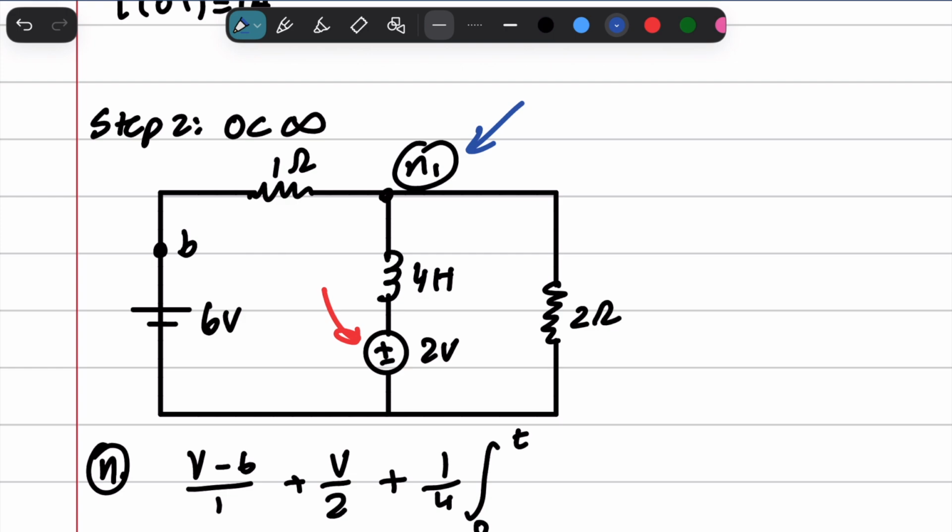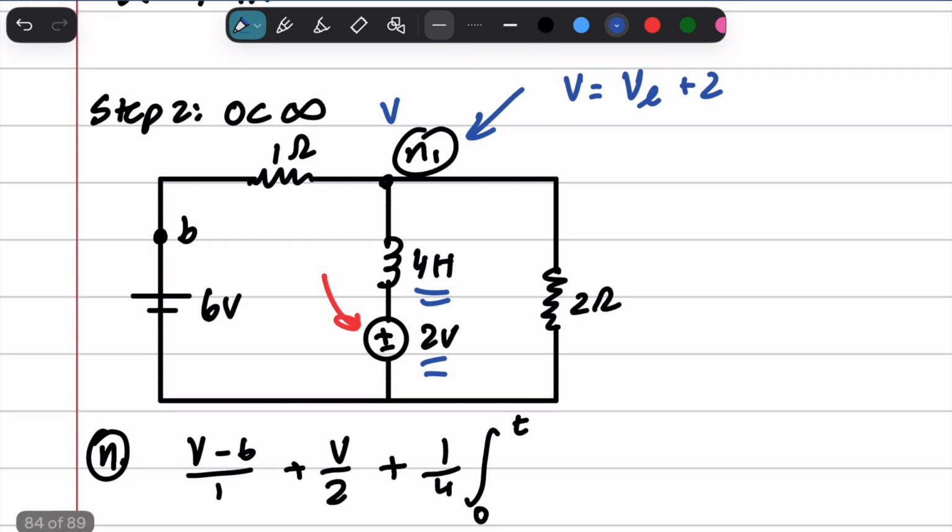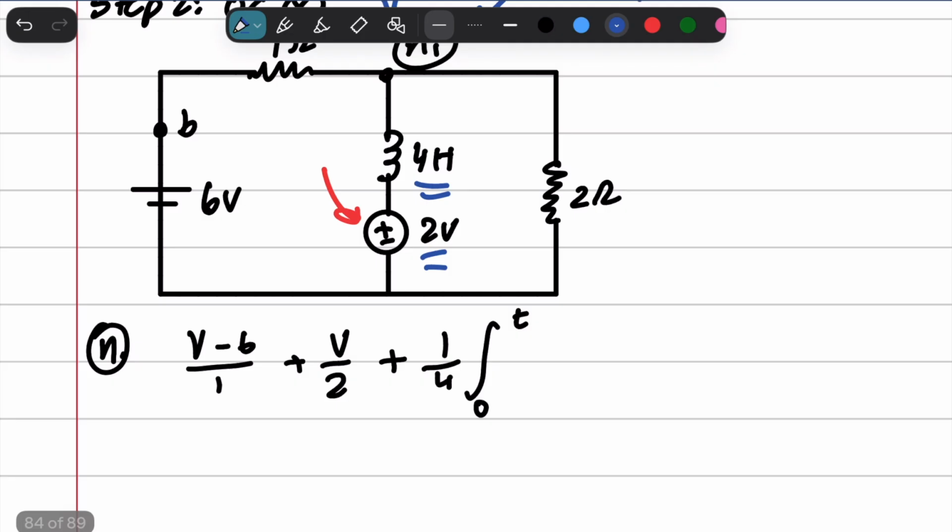Because to find the V that we want, our big V right here, or our little v really, we're going to have to add, that V is equal to the voltage difference of this inductor plus the voltage difference of this battery. So we're going to have V sub L plus 2. Now remember, this integral is only applicable to the inductor.